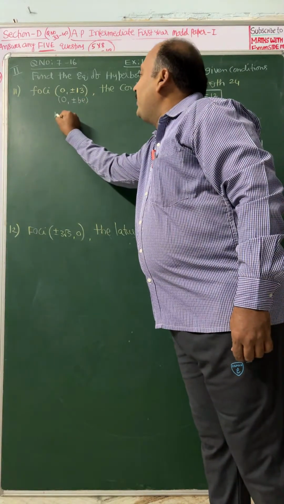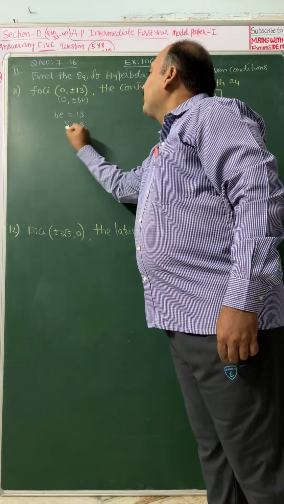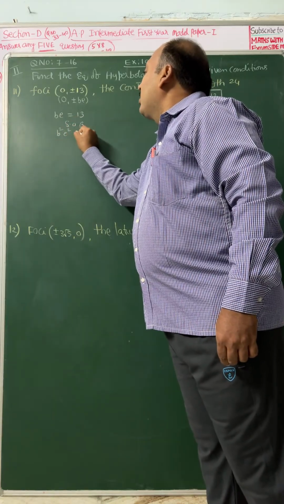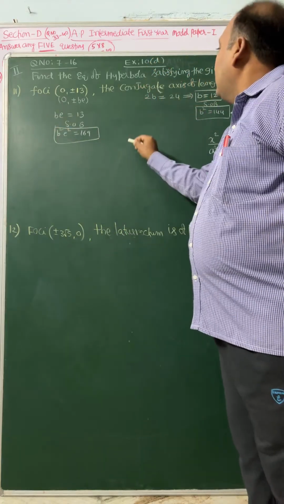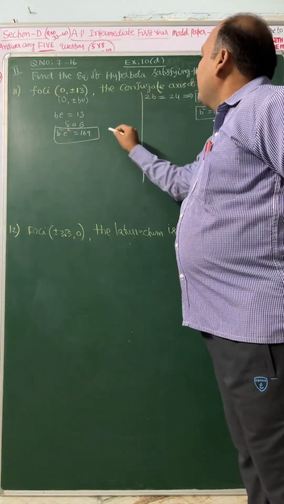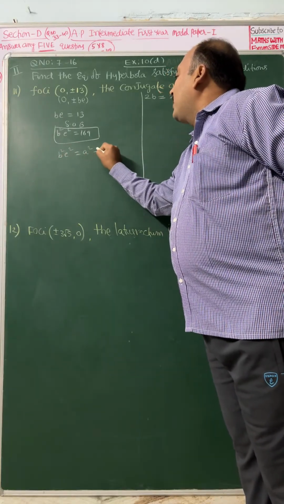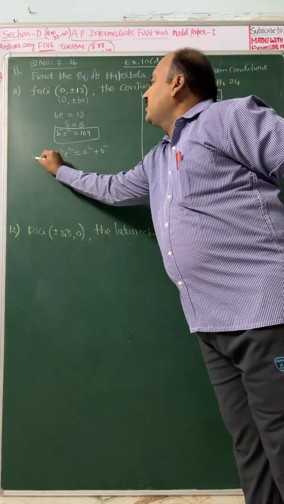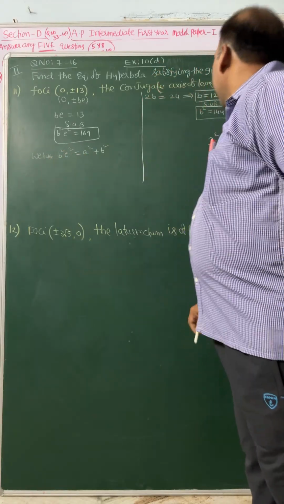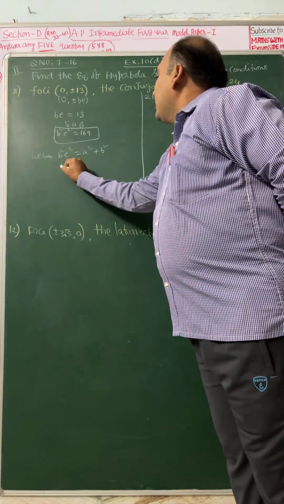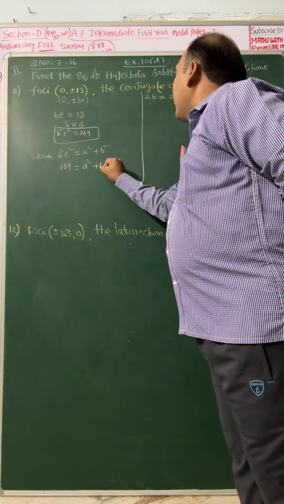So from here b e is equal to 13, squaring on both sides, b square e square equal to 169. Later, b square e square equal to a square plus b square, we know that. Otherwise simply we have b square e square 169 equal to a square plus b square value 144.